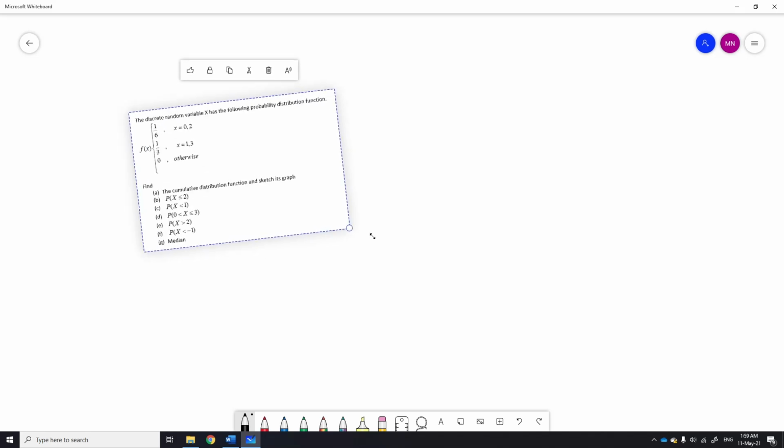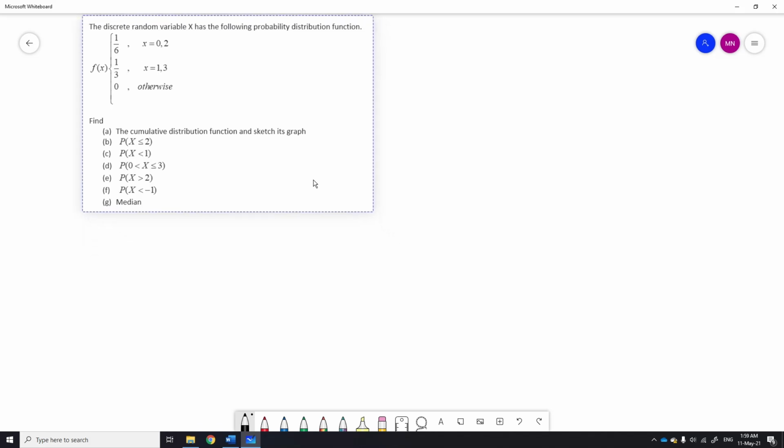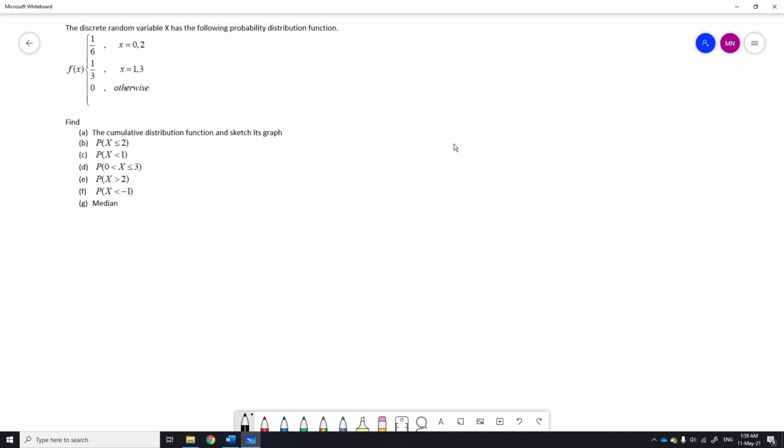Now let's continue with the cumulative distribution function. For question B, probability of x less than or equal to 2, this is actually the same value as f2.